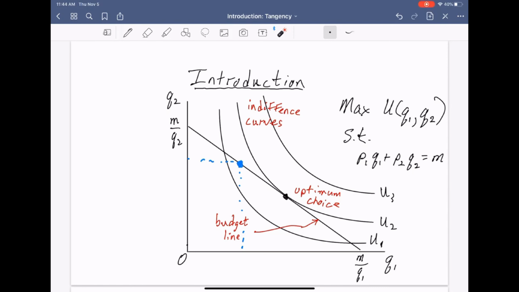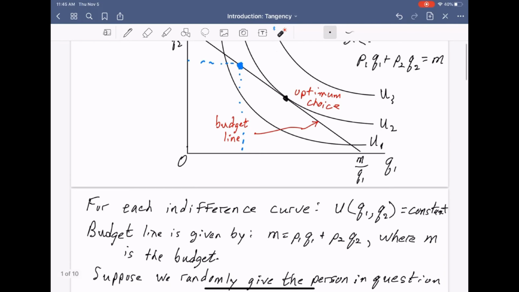Now, the other thing to note here is that if our entire budget is spent on Q2, then this is the amount of Q2 we would be able to purchase, and this point here would represent the intercept on the vertical axis of that budget line. Likewise, M over P1 is the maximum amount of Q1 that could be purchased, and this represents the point on the horizontal axis where the budget line intersects.